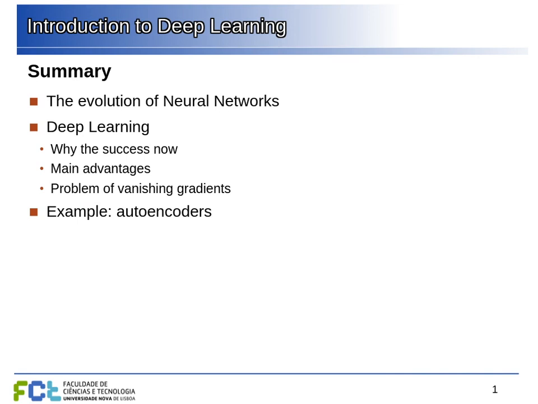I'm also going to talk about the main advantages of deep learning and a problem that has been one of the difficulties for training deep neural networks, the vanishing gradients problem, and how it has been mostly solved in recent years. And then I'm going to focus, as an example of a type of architecture for deep learning, on autoencoders, which can be used for unsupervised learning.